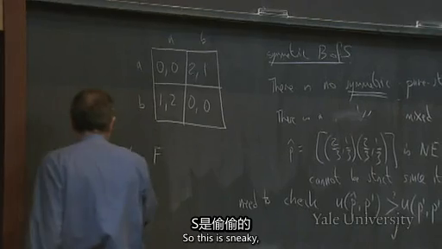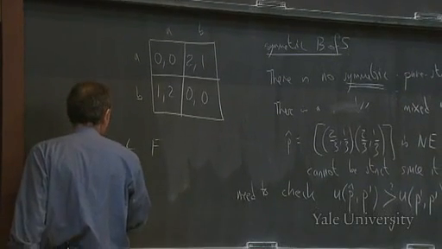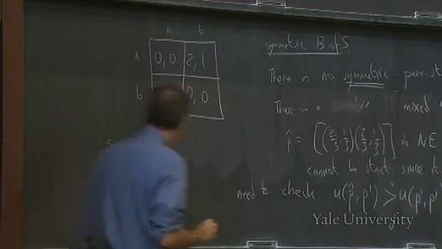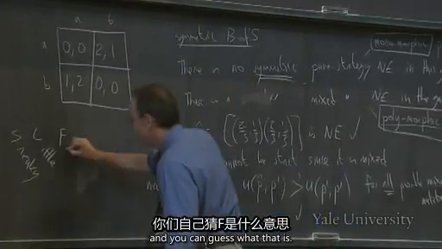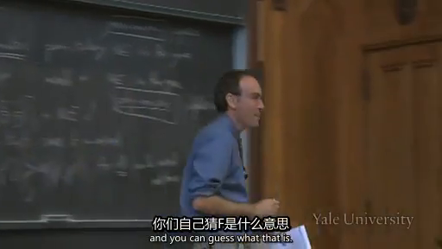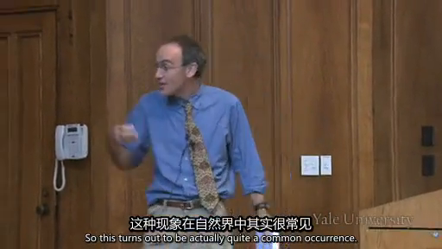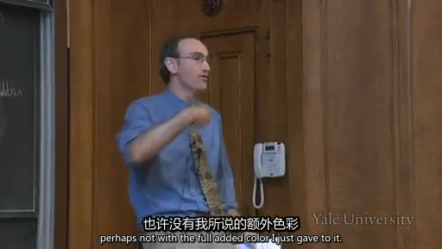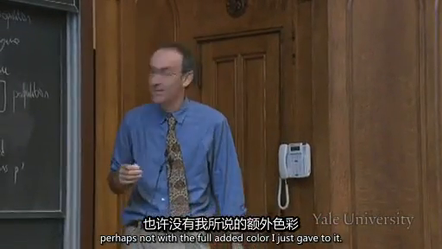So this is sneaky. This is little. And you can guess what that is. So this turns out to be actually quite a common occurrence. It's been observed in a number of different species, perhaps not with the full added color I just gave to it.